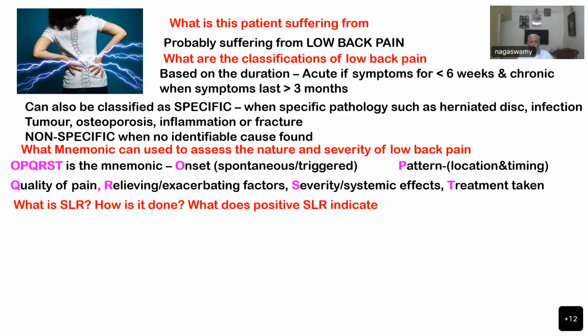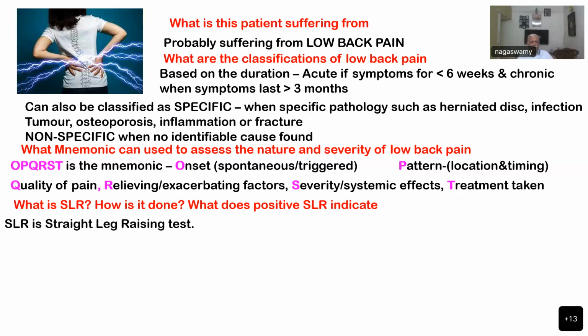And what does positive SLR indicate? Disc prolapse or pain. Lordosis. Patient will experience pain. If there is a pathology, the patient will experience the pain when they lift it more than 60 degrees.